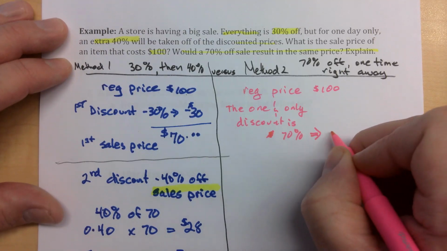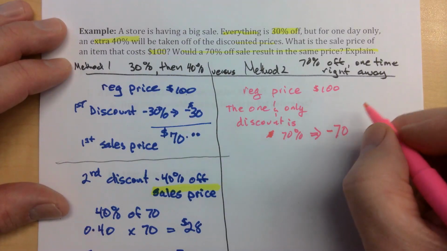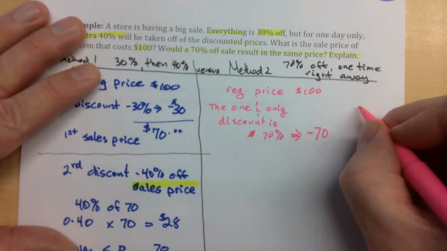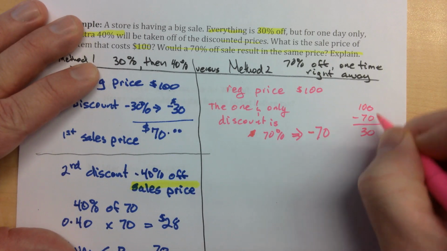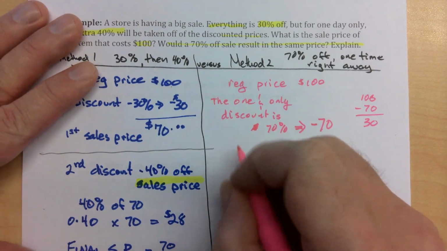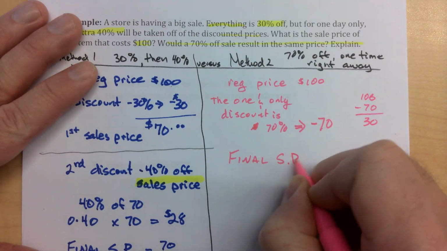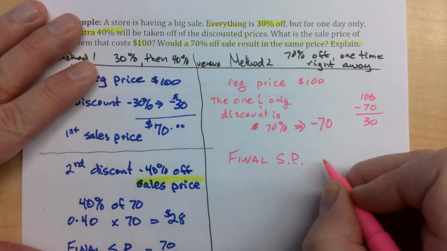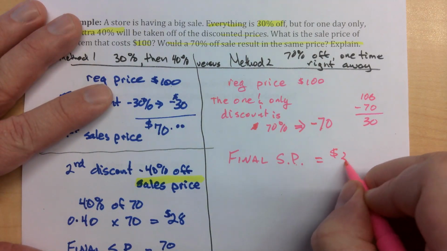Okay, that does translate to $70. We're subtracting, so let's just close the gap here. What is 100 minus 70? That's equal to 30. So the final sales price here is equal to $30.